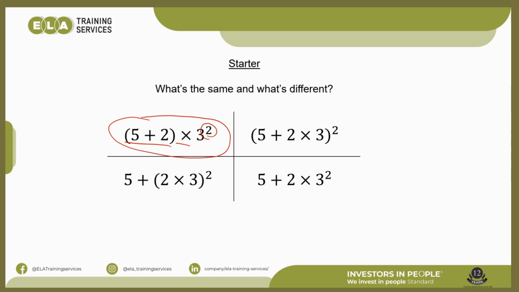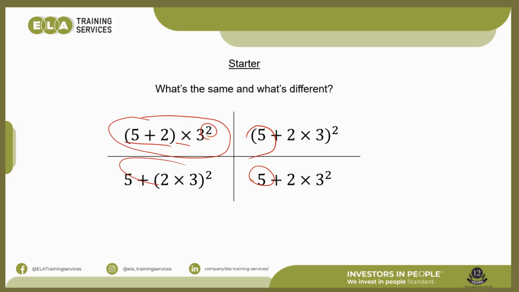Because of the way they're laid out, each time you do your calculation, in this format, or this format, or this format, you're going to get a different answer. That's because of BODMAS.